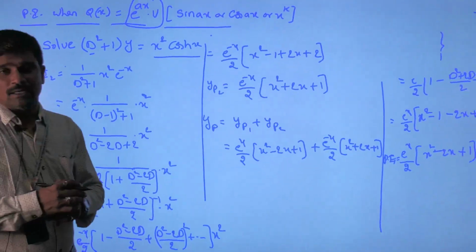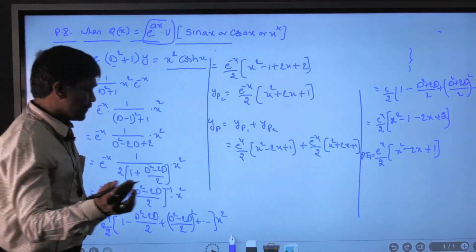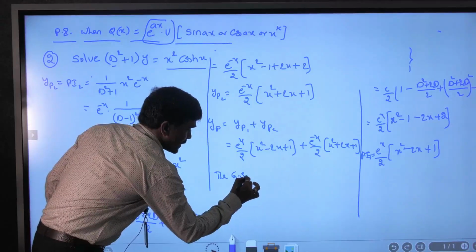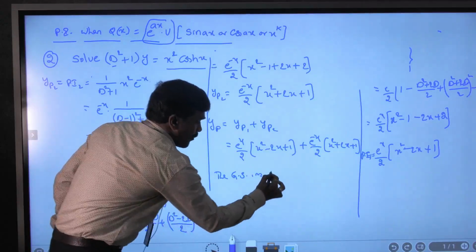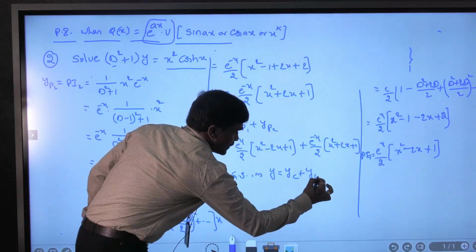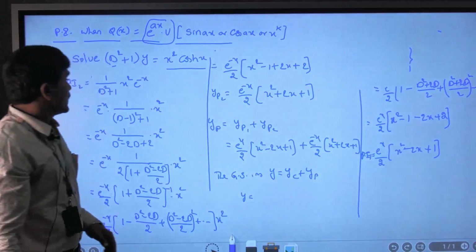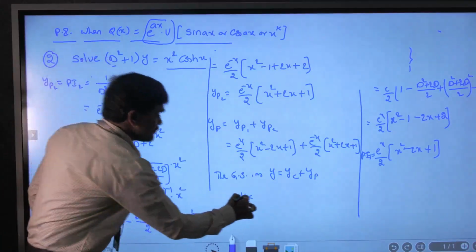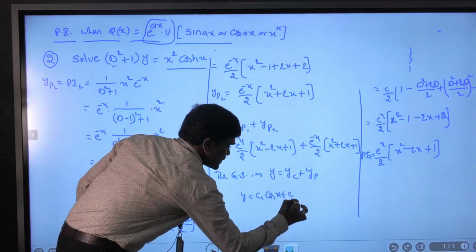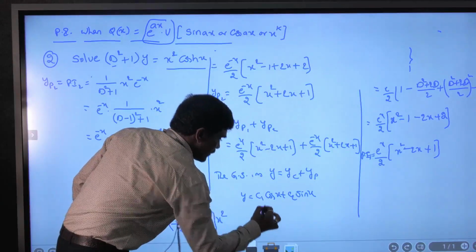Now finally write the general solution, y is equal to yc plus yp. So what is the general solution? The general solution can be written as y is equal to yc plus yp. Right, here what is yc and what is yp? Here yc is c1 cos x plus c2 sin x, plus yp.